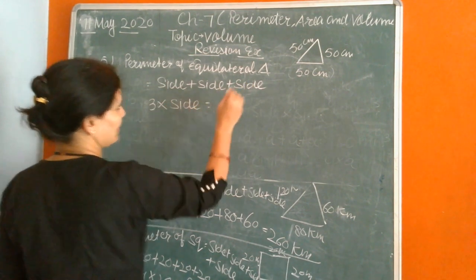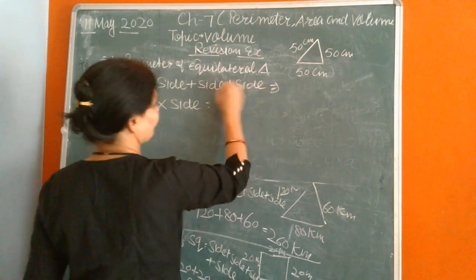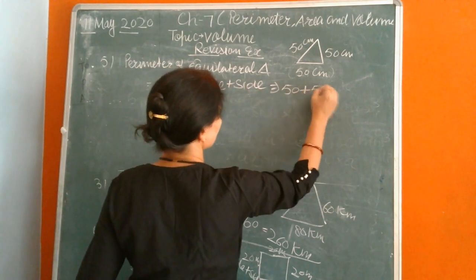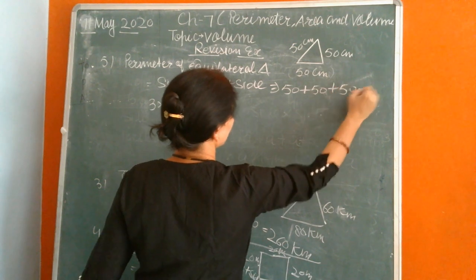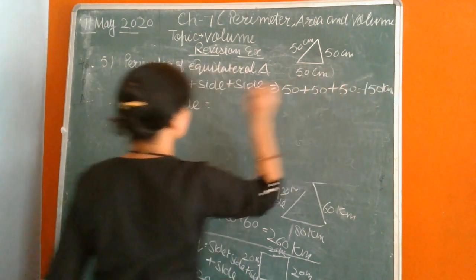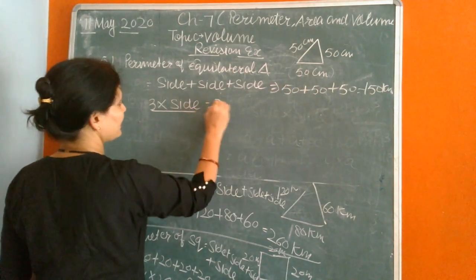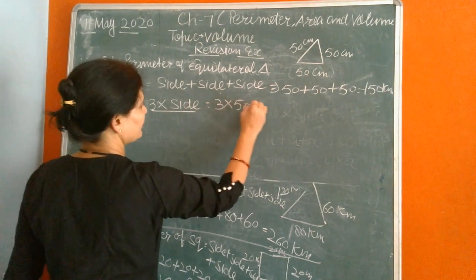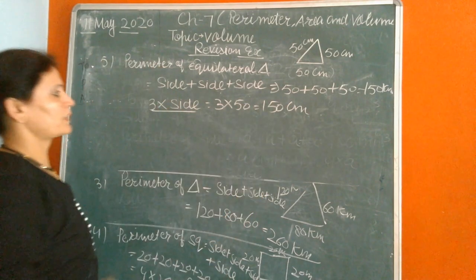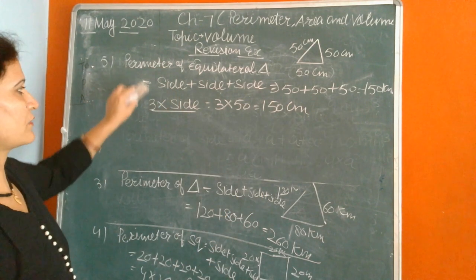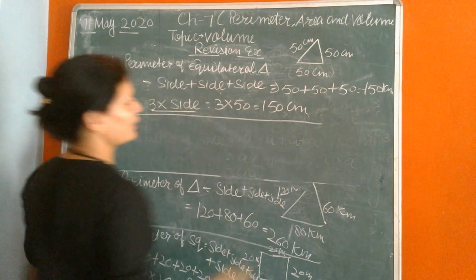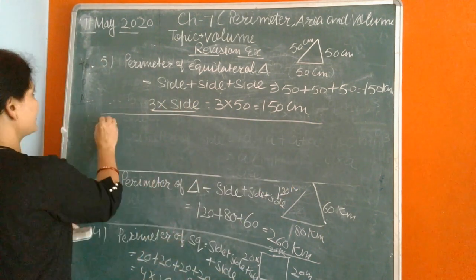By this formula, 50 plus 50 plus 50 equals 150 centimeter. You can apply any formula, this one or this one. So the answer is 150 centimeter.